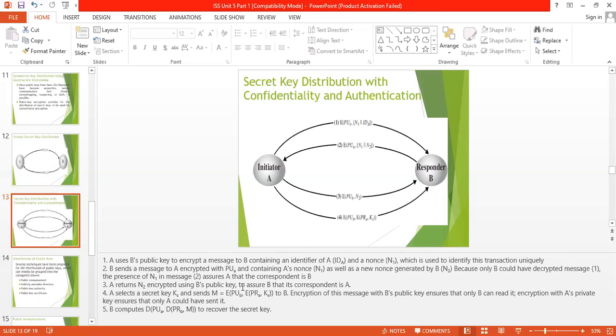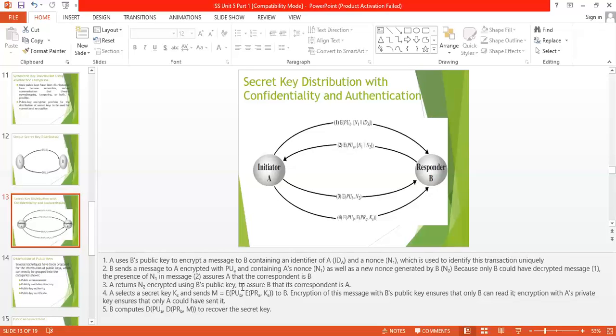And B sends a message to A. This message includes the public key of A, and also includes N1 and N2, that is the nonce of A or B. Number 3, A returns the N2 encrypted using B's public key to ensure that its correspondent is B.